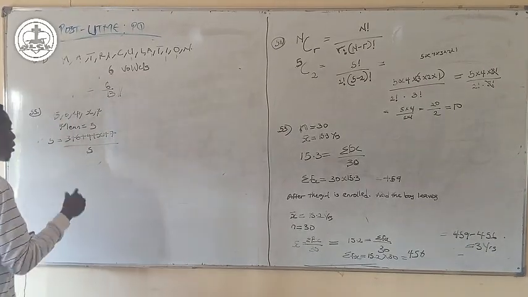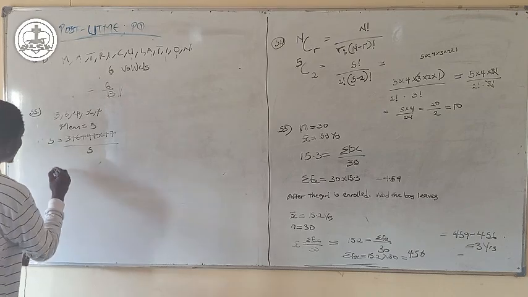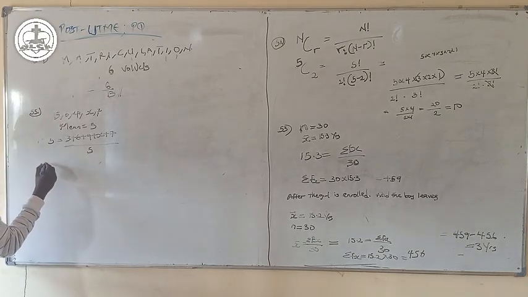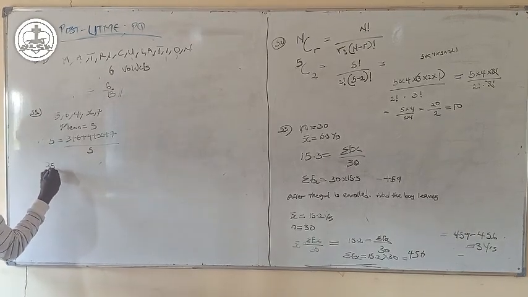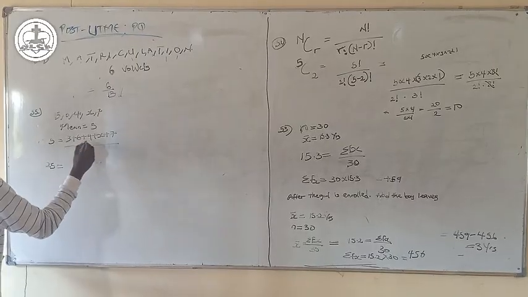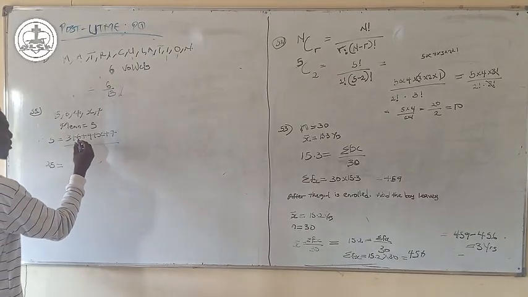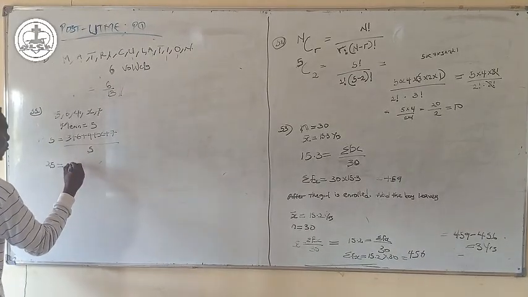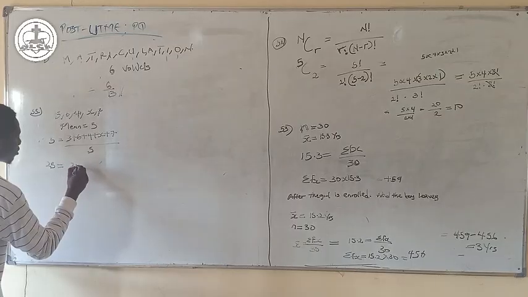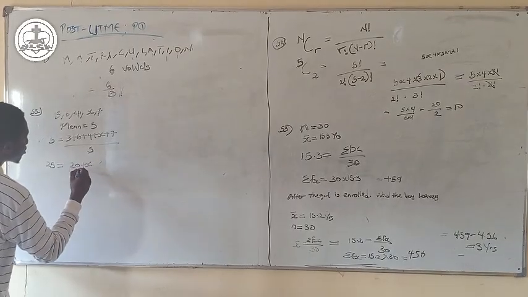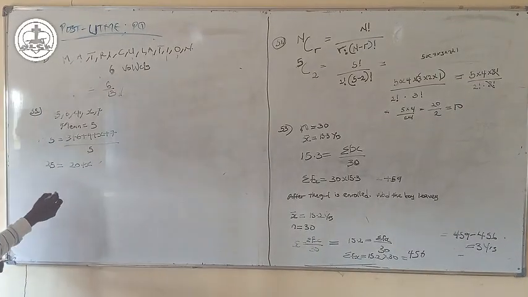Now, how do we get x? Let's first multiply, we have 25 is equal to, let's add all this together, this is 10, so we have 20 plus x.